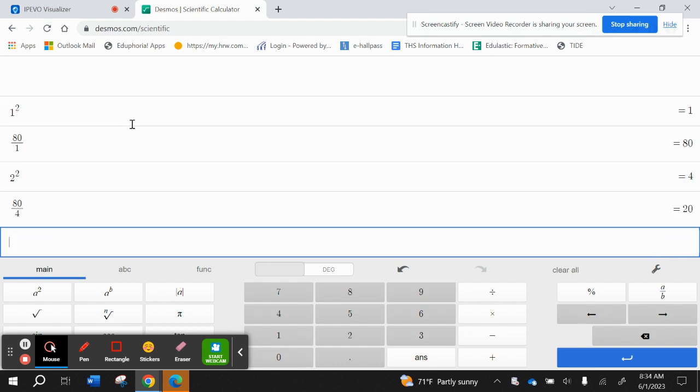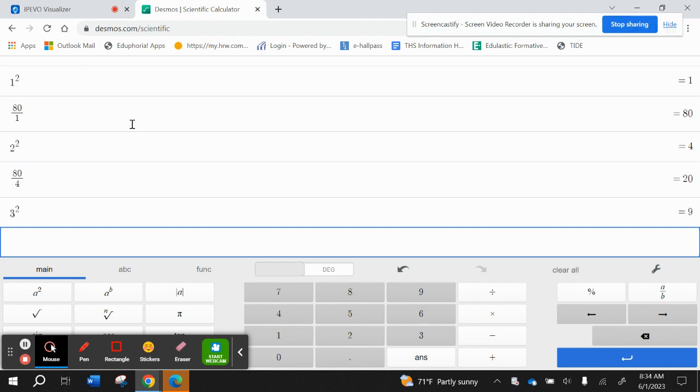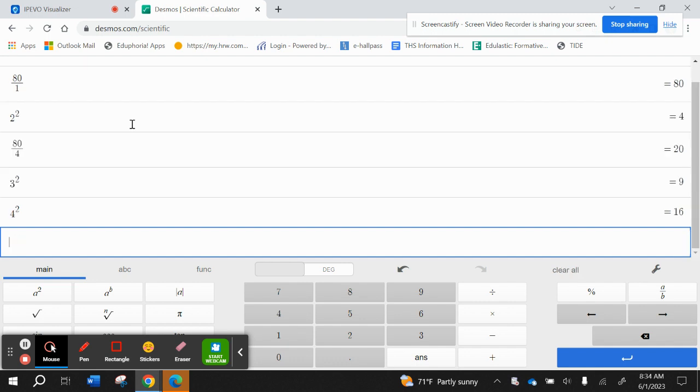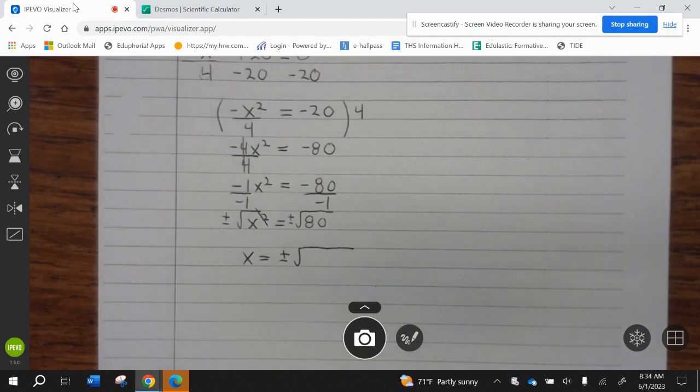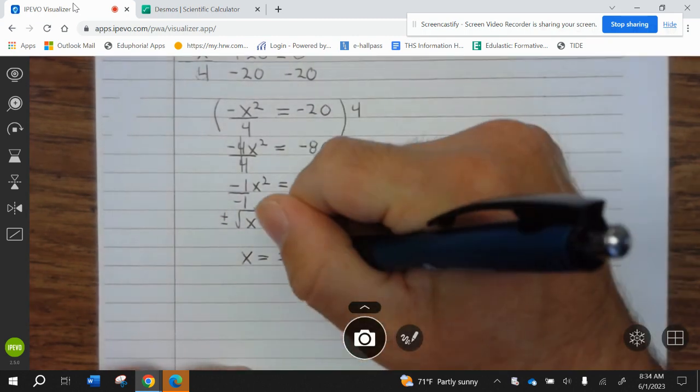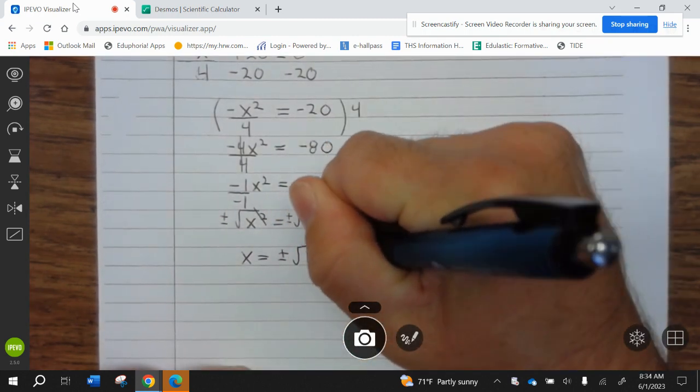Okay, so now let's try 3 squared. 80 divided by 9 is not going to work, so now let's try 4 squared. 16. So now let's try 80 divided by 16 is 5. So that's what we want to do. Okay, so we want to rewrite 80 as square root of 16 times 5.